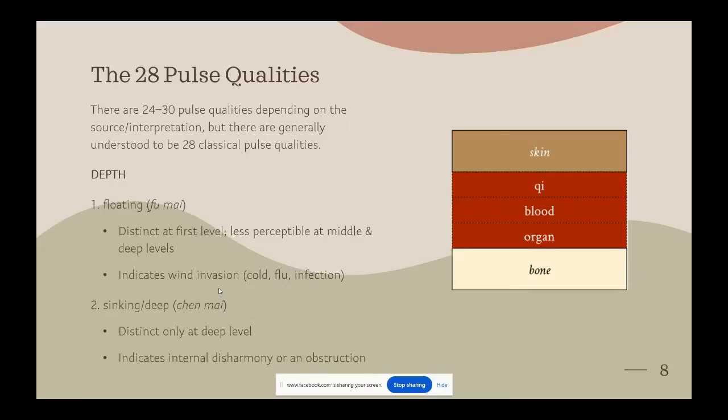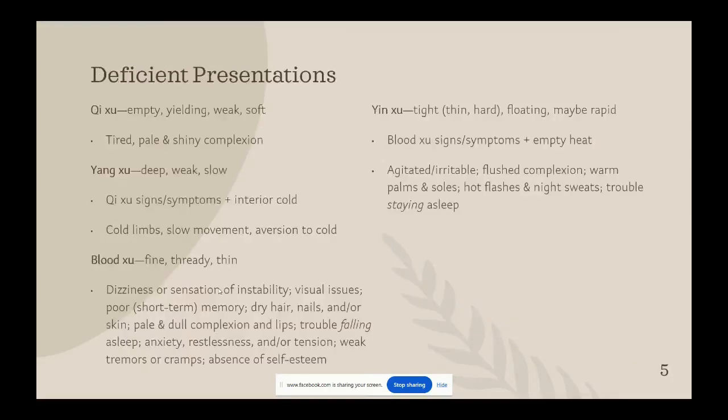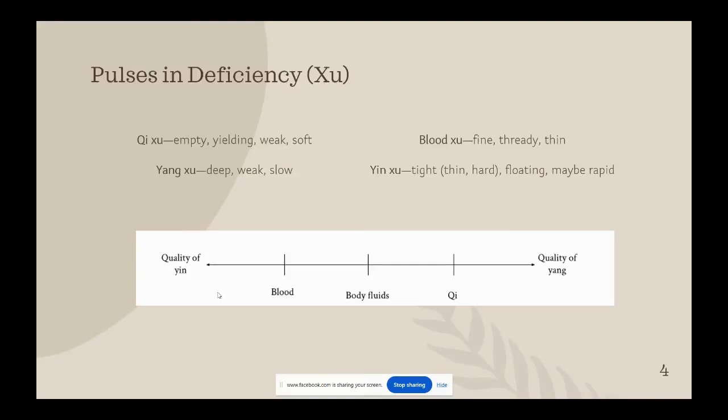And then a sinking or a deep pulse, the opposite, so it's distinct only at a deep level. So this could indicate an internal disharmony or an obstruction, and when paired with other qualities like weak and slow, this is indicative of yang deficiency.